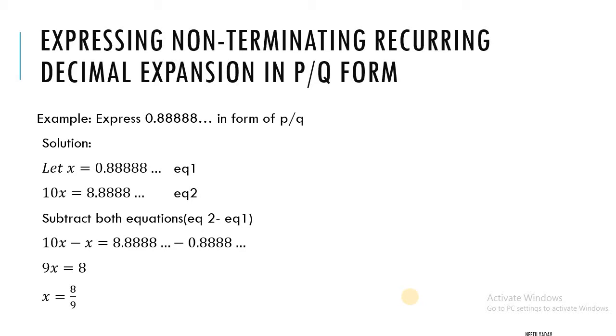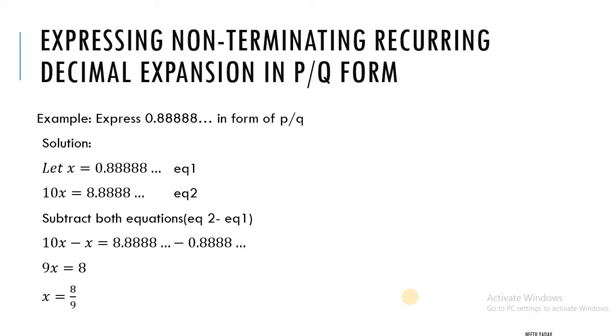So let x is equal to 0.888..., and these dots represent that the number is non-terminating, and because 8 is coming again and again, we can say that it is a non-terminating recurring decimal expansion. Now as there are infinite decimal places present, we cannot do it like we did in the previous procedure. So we have to follow the second procedure for this.